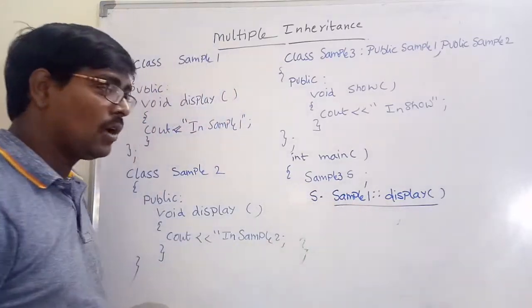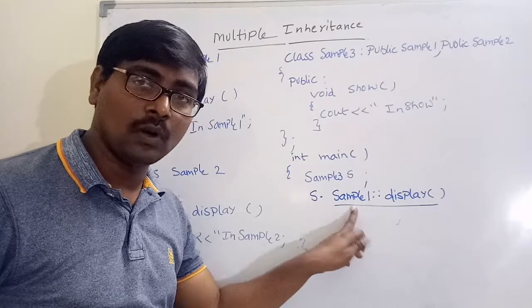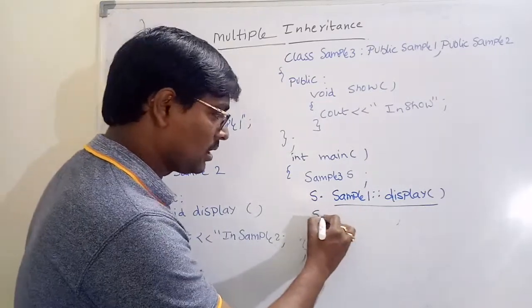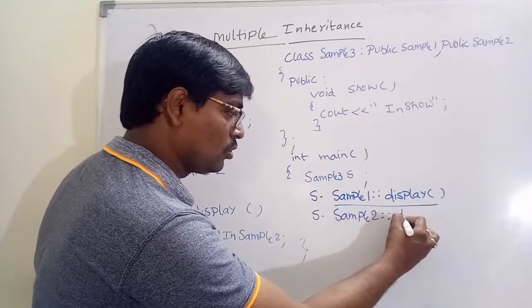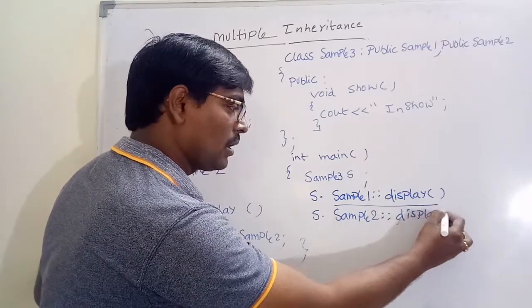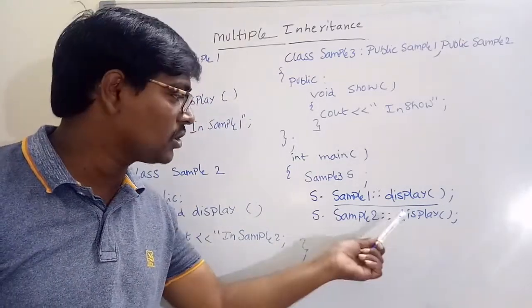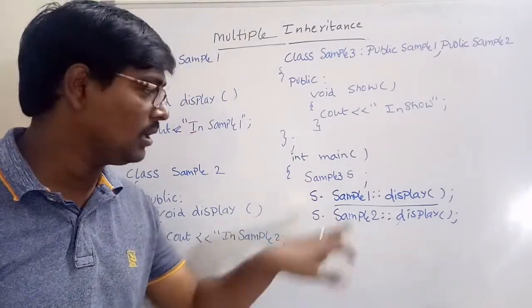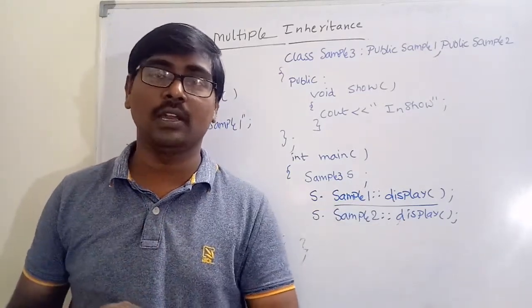This means now I am calling the display function of class sample 1. Similarly, s dot sample 2 scope resolution display calls the display function of class sample 2. You got it? This is the way to resolve the ambiguity that occurs in multiple inheritance.